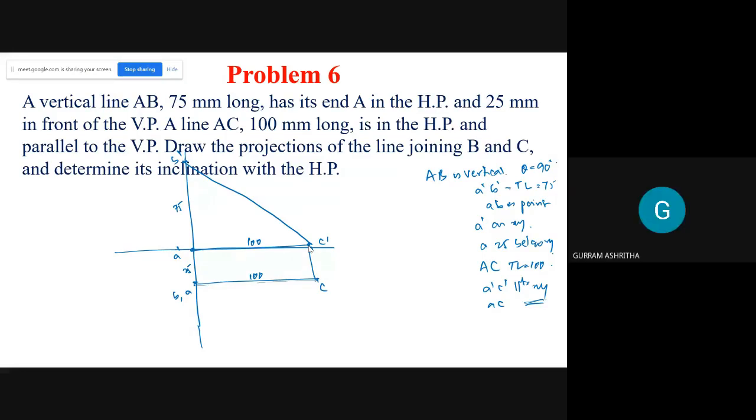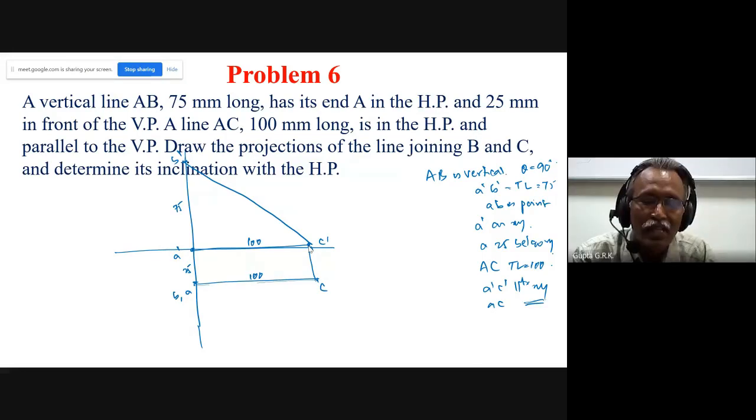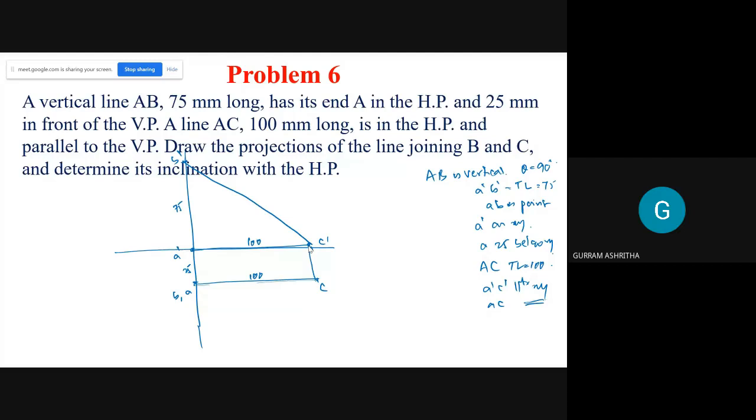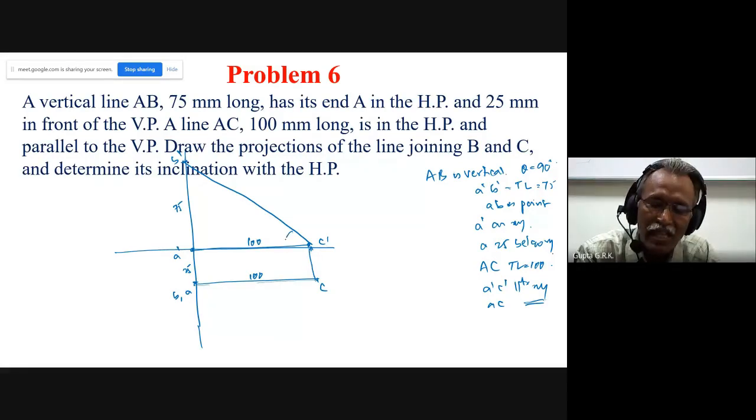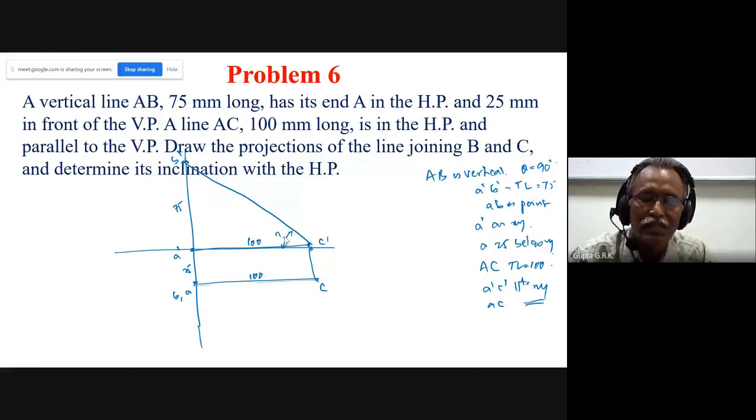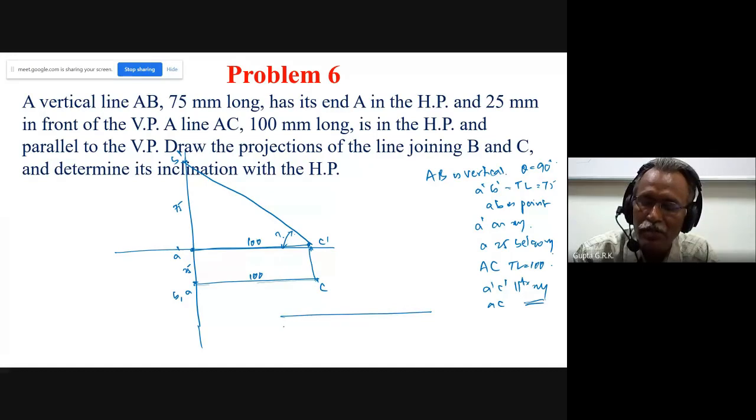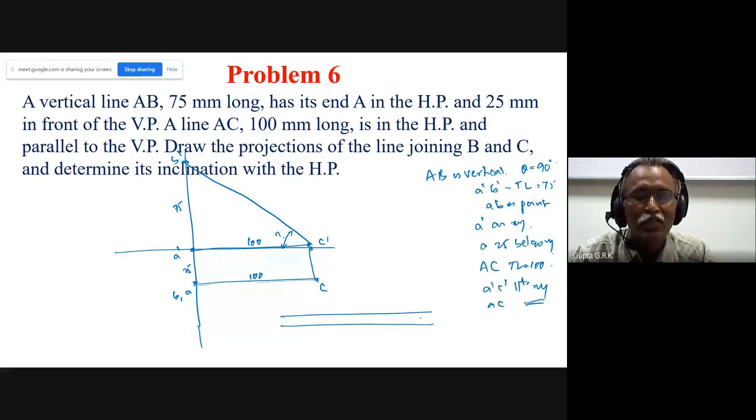So this angle of A dash C dash B dash, I have to measure, and I have to write it here, whatever it is. I have to print it: the angle of line BC is so many degrees with HP. Is that clear? Any doubts?